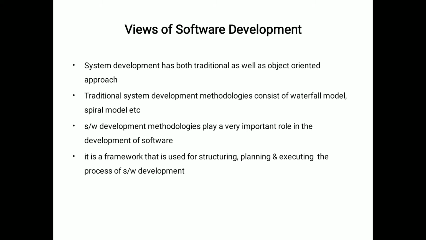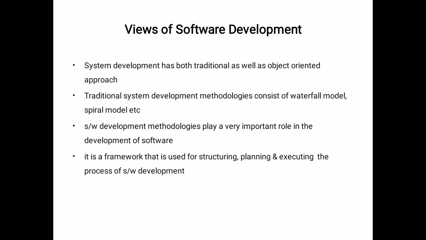The very first point, view of the software development. Traditional system development methodology and object-oriented analysis and design, its importance we can see. System development has both traditional as well as object-oriented approach.